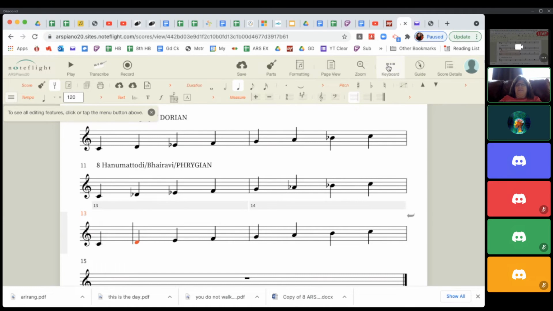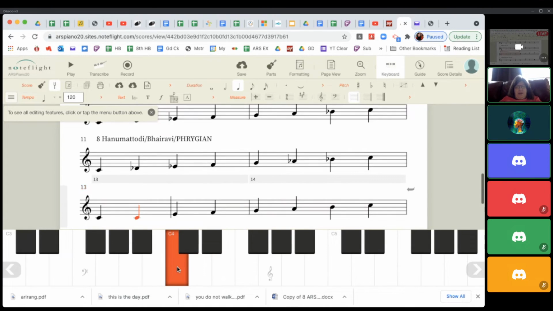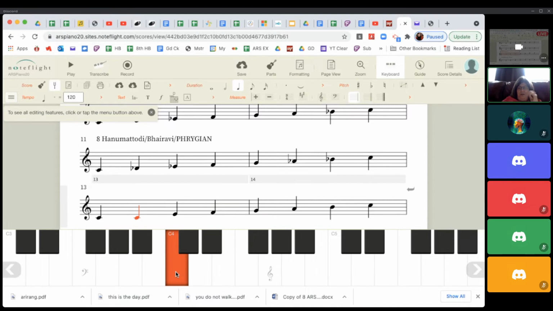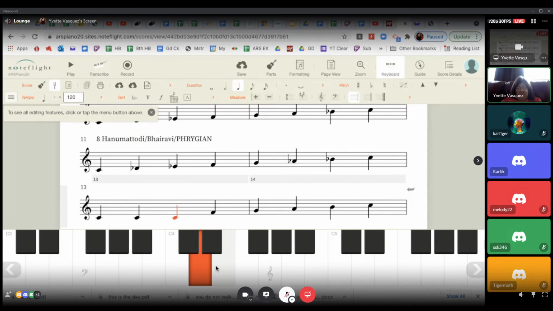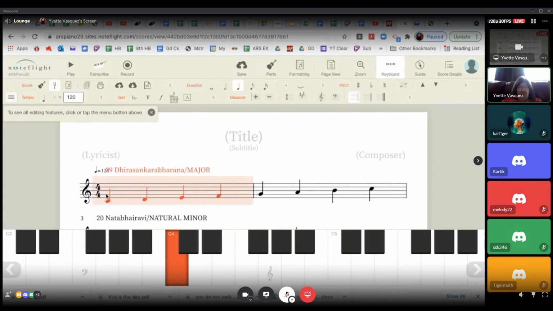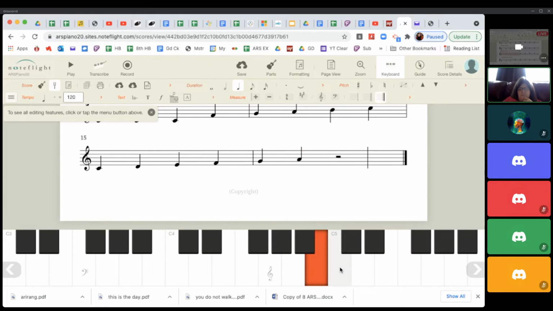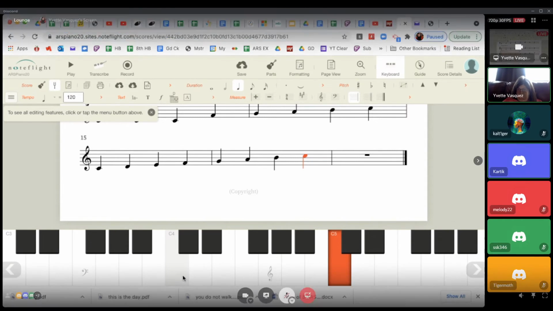Here, let me bring up this. If I play a major scale on the piano, it's all on white notes. If I start on C, the whole scale is on white notes. Now this is only if I start on C. So if I start on C and I play all white notes, it gives me a C scale.